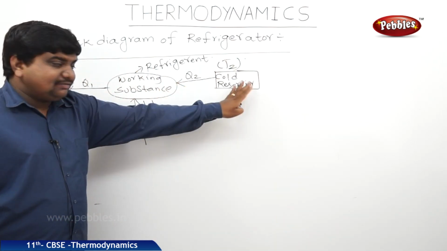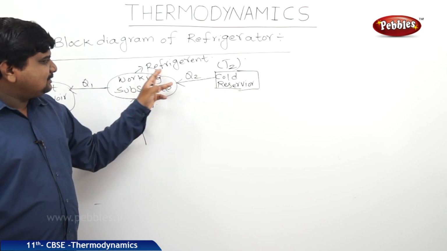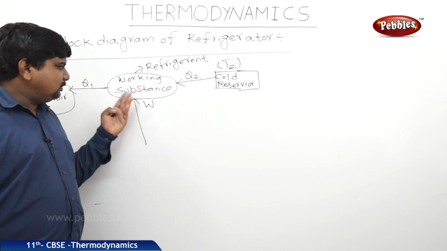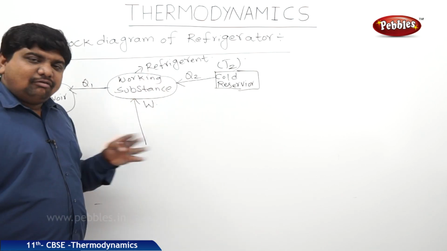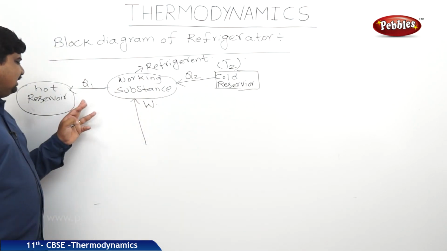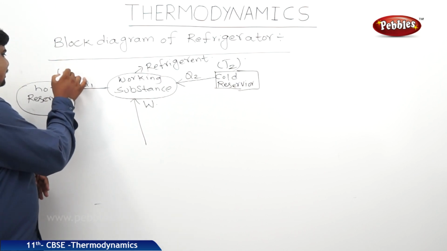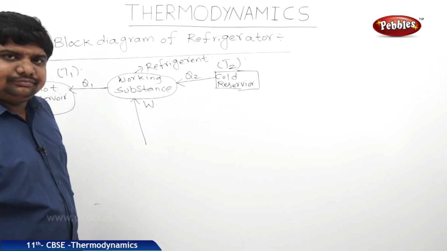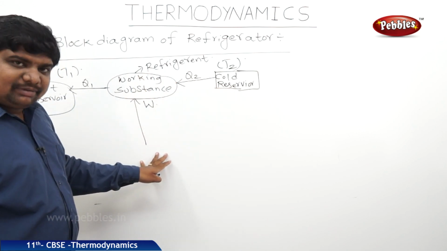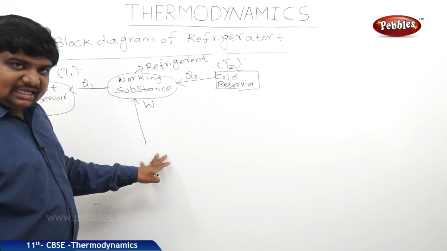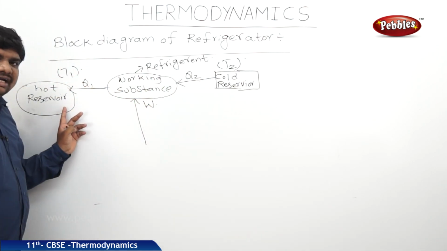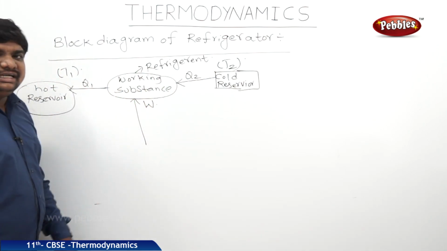When it absorbs the heat energy from the cold reservoir, the refrigerant does some work to compress or expand the body, to increase or decrease its temperature. The extra amount of heat energy produced in this process is connected to the hot reservoir at a temperature T1.